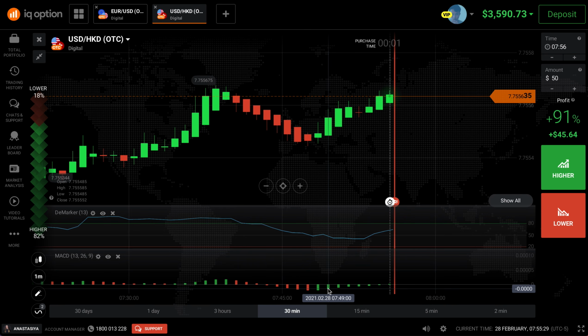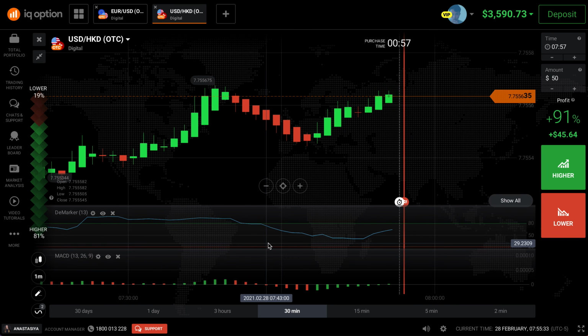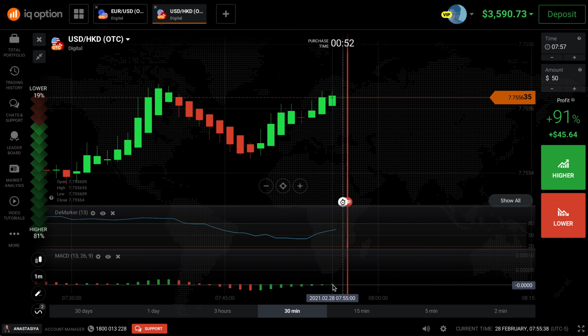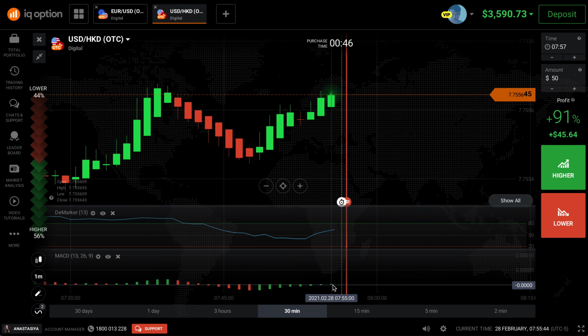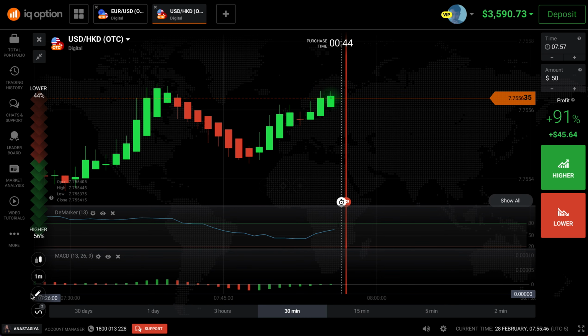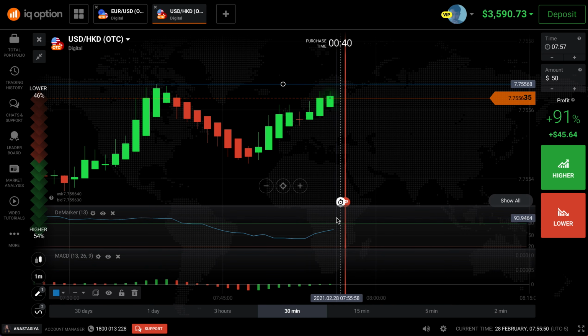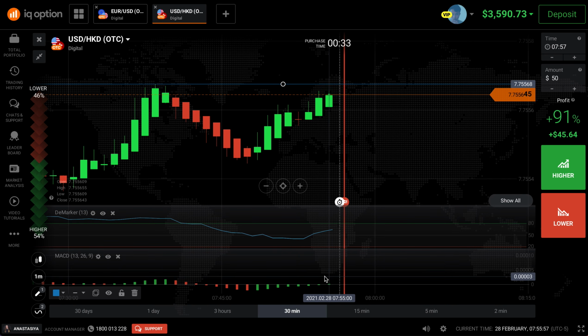So for example, right here, we can see the graph change to blue, and we see that the MACD is coming to the zero. It's a sign that it's about to cross zero to be positive. So when the price is about to pass this area, it is more likely to be bullish. We also look at our DeMarker right here.